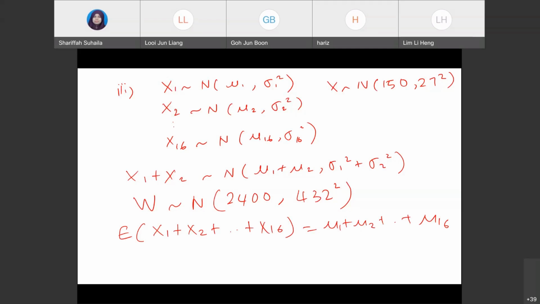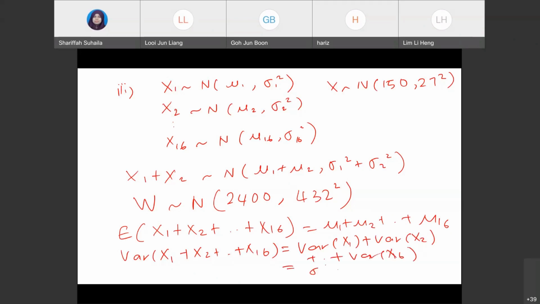For the variance, we split it using the properties: Var(X1), Var(X2), up to Var(X16). Each has sigma square, the same value, so altogether you have 16 sigma square. That's why I got this. Is that clear? We just follow the properties for expected value and for variance.